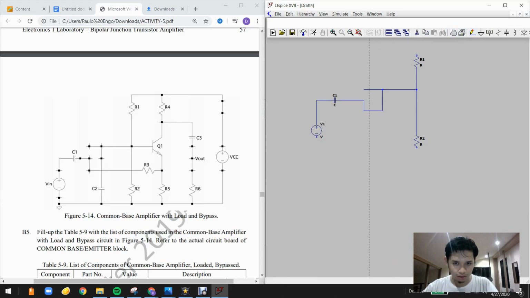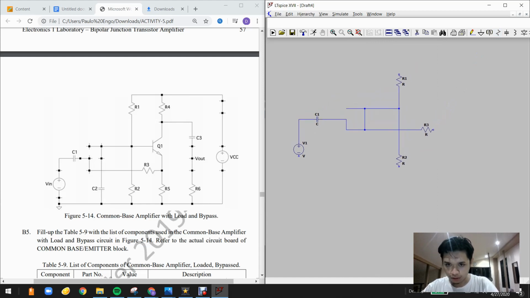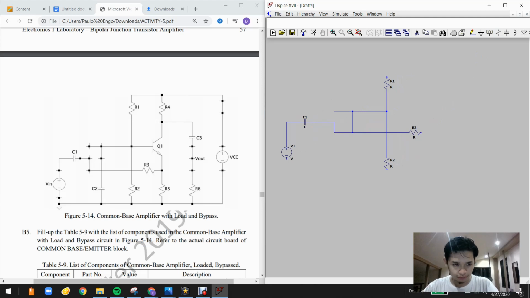Here, this is where our R3 is. There we go. Then R4 is as usual.